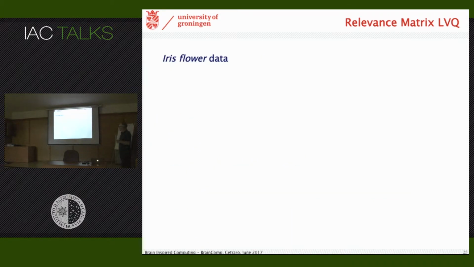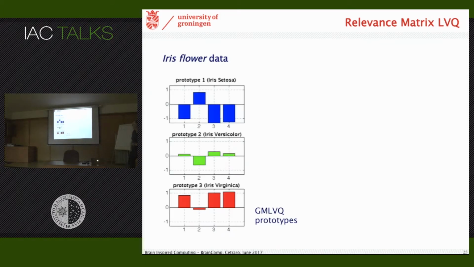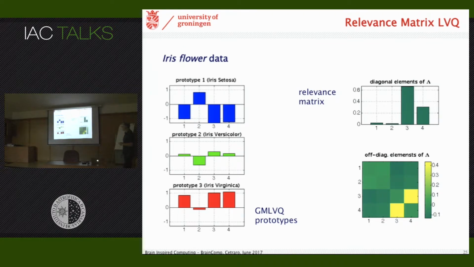Okay, here's an example. This is the famous iris flower data set that goes back to the 1930s by Fisher, where I applied GMLVQ, the generalized matrix relevance learning vector quantization, to that data set. It's a set of four-dimensional feature vectors. These are the prototypes for the 3 species of iris flowers that are in that data set.